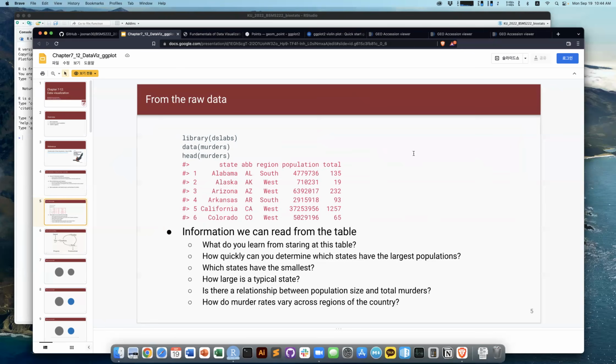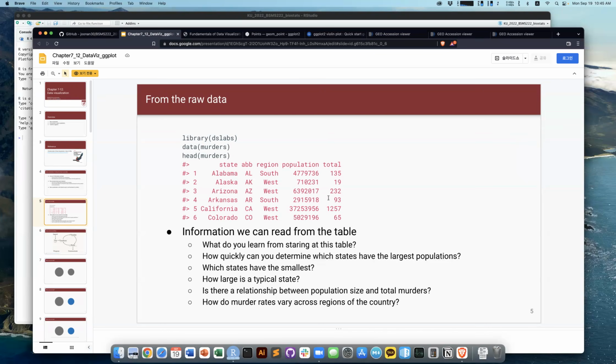If you're sharing these tables, we can come up with some questions like, what do we learn from these tables, right? So can you grab information easily from this table? Yes or no, right? And let's think about if we're asking some questions like, which states have the smallest population?